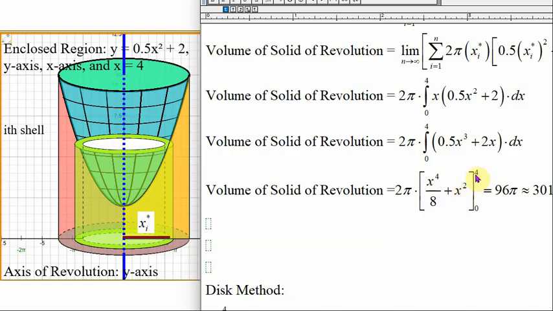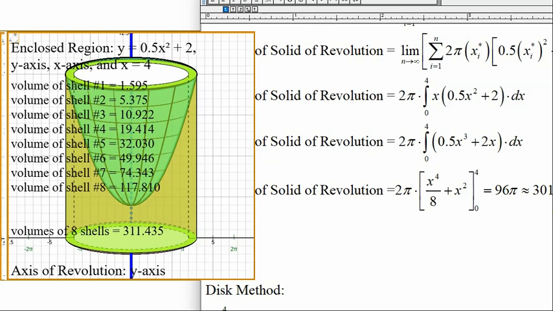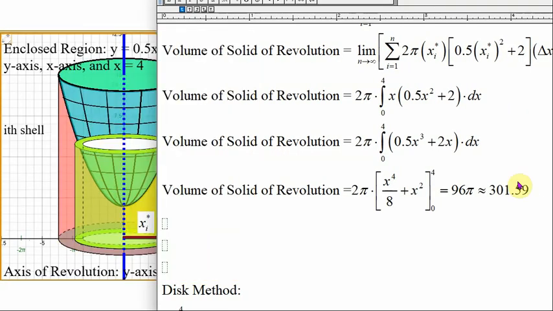Evaluating from 0 to 4, we get 96 pi, which is 301.59. And then once again, at the beginning of the video, we saw that the sum of the volumes of the 8 shells that I simulated was 311, but here we get 301, so it's very close. So the exact answer is 96 pi.